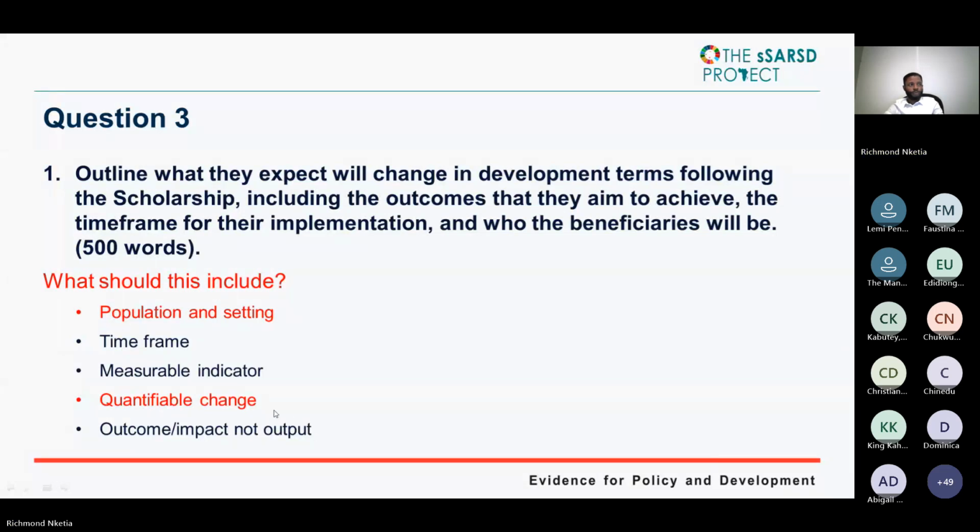So if my idea is, say I'm writing about prevalence of malaria in a community, and I say malaria prevalence among children under 5 years is say 50%, or say 500 per 100,000 population of children below 5 years.